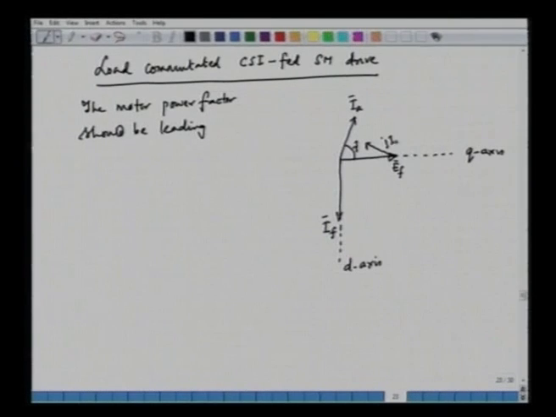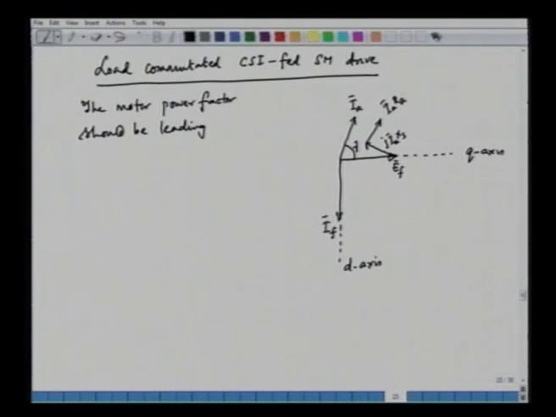j IA Xs, the synchronous reactance drop, and then we add this to the resistance drop, and the resistance drop is somewhere here, IA RA. So we have the synchronous reactance drop, that is j IA Xs, and we have the resistance drop, that is IA RA.